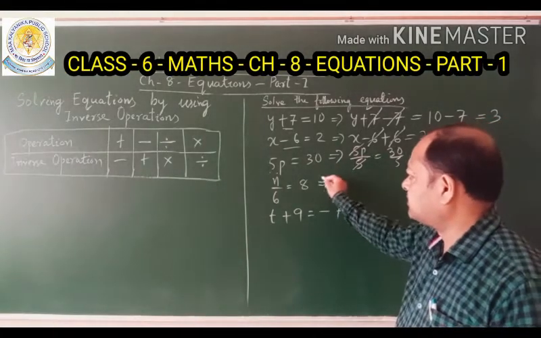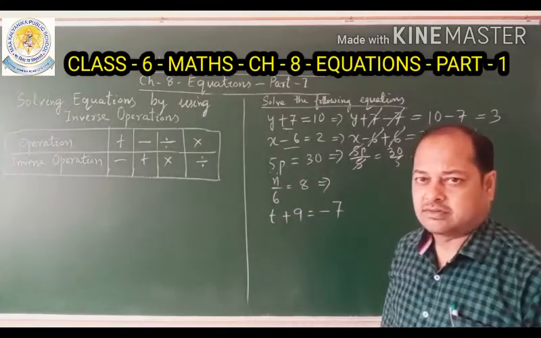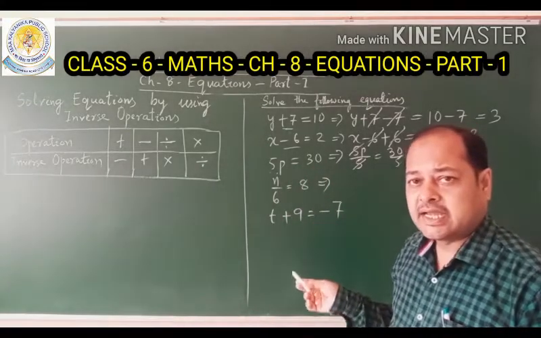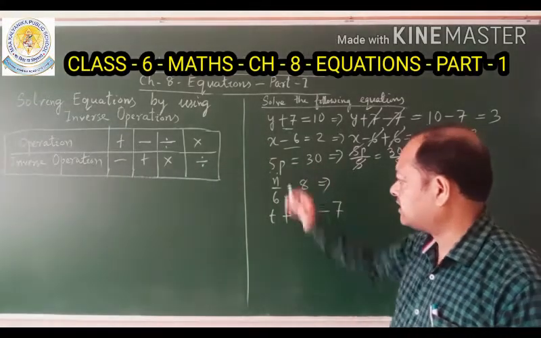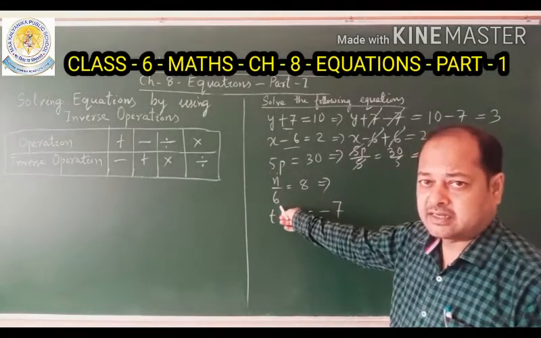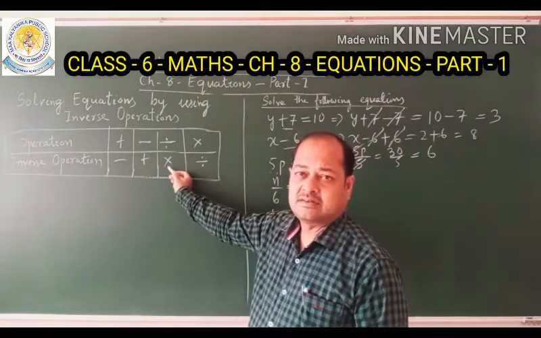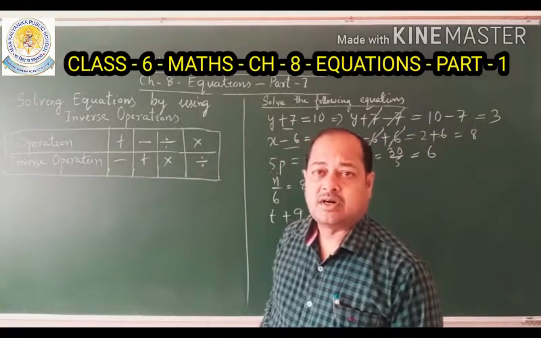Now look at this example here. Here 6 is divided by n. N is the unknown quantity and 6 is divided by n. So what to do here? If the division operation is there, then according to the rule, which inverse operation? That is multiply.